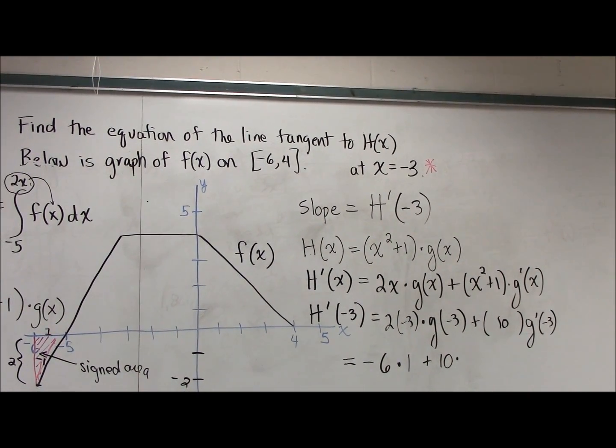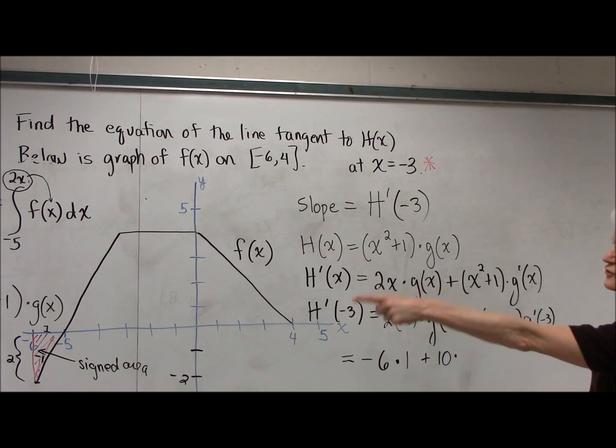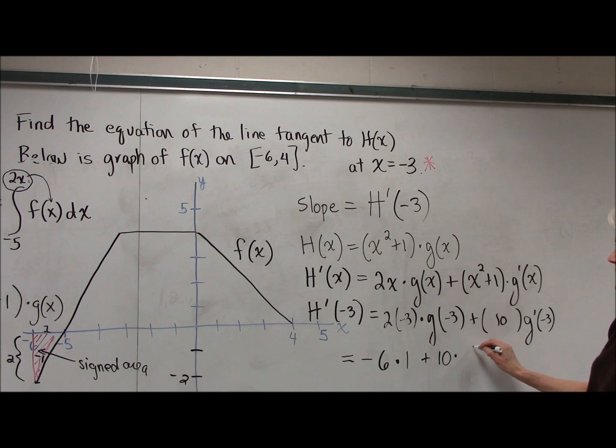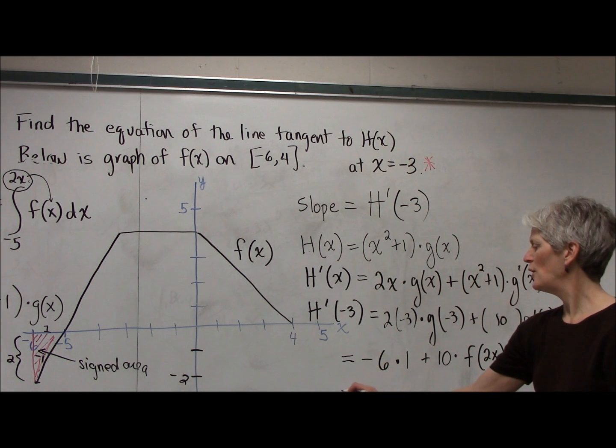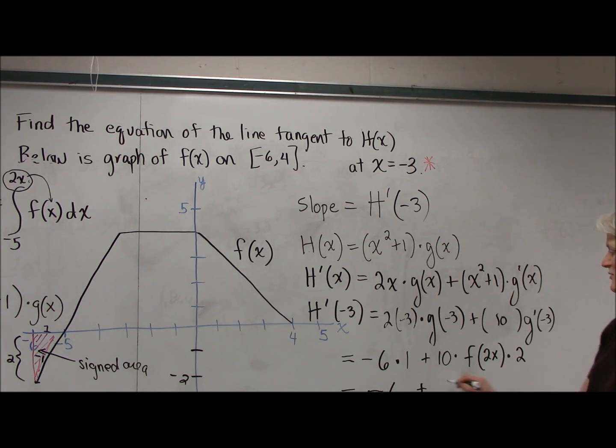So here I go. So g, let's just not put in the 3 yet. Let's just do g prime. So the derivative of that integral is going to be f of 2x times the derivative of 2x, which is 2. Right? So let's see, that's going to be negative 6 plus 10 times 2, which is 20. Now let's go ahead and put in my negative 3. 2 times negative 3 is negative 6.